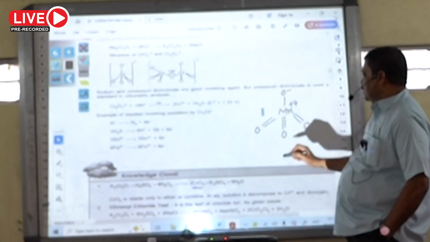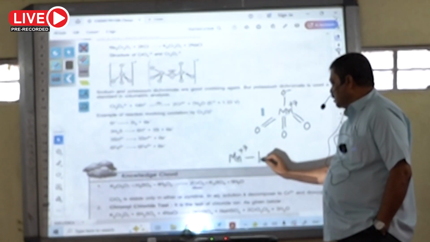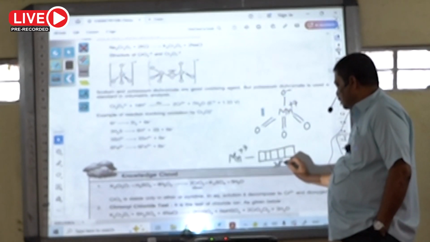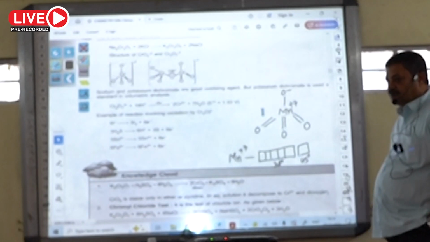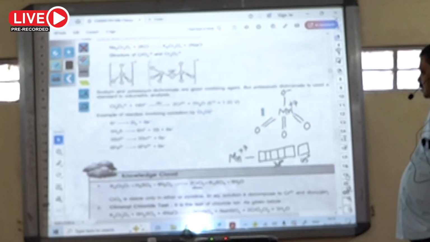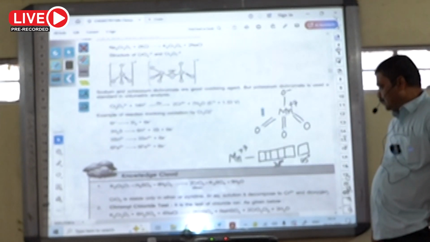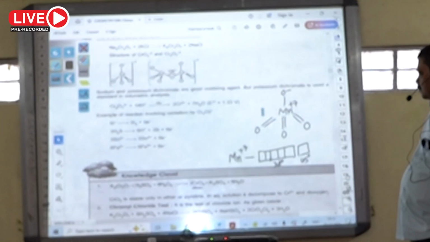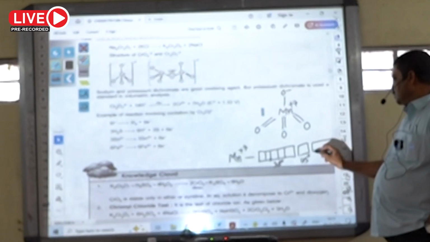So when manganese is in +7 state, the configuration becomes 3d0 and 4s0, and of course 4p0 also.